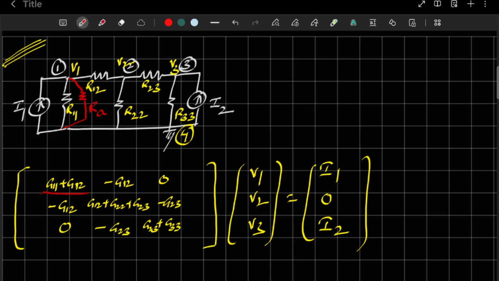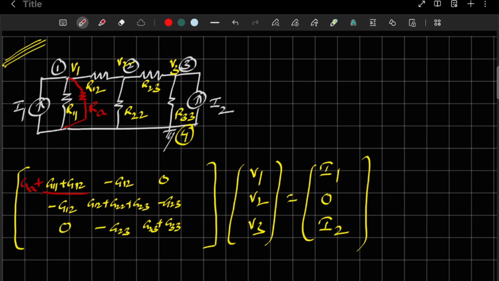So actually these diagonal elements are related to the conductances which are directly connected to node 1, node 2, node 3. Now RA is directly connected to node 1, so here we will get plus GA. Do we get any other changes? It is not connected to node 2 and it is not connected to node 3, so this is the change we can tell.